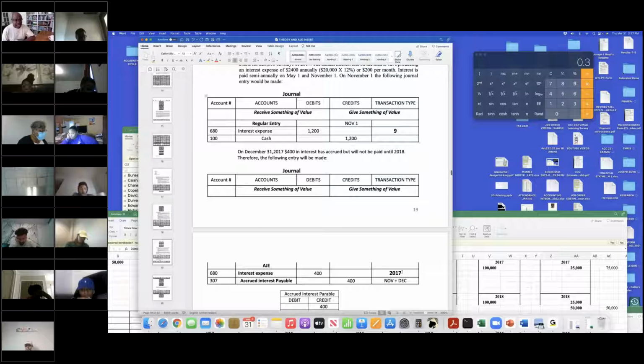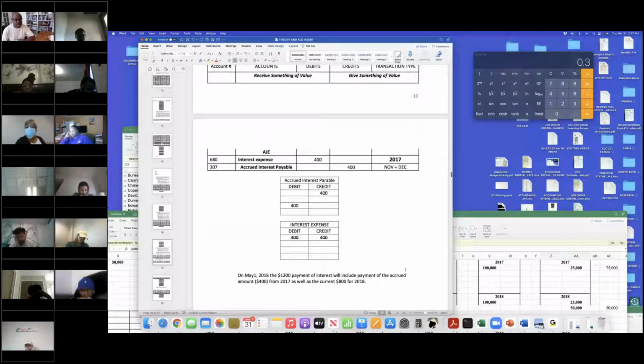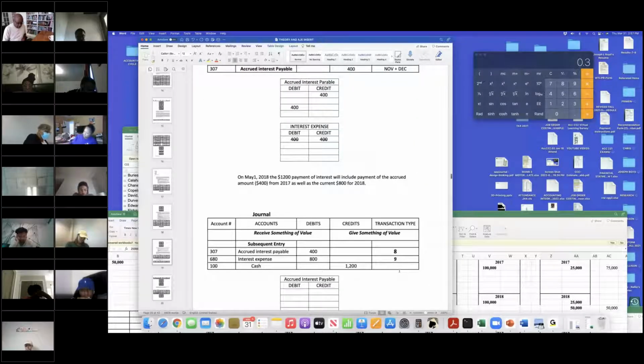Then when we get to 2018, so now we're in 2018, when we make the payment, that first payment in May, we make it May 1st, you're paying the interest from this AJE that you accrued. Remember, with accruals, you pay the interest later. So you're paying the 400 for the accrual for the prior months, then you're paying the interest, the 800.